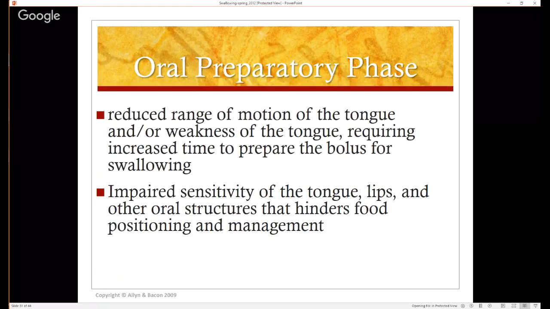In the oral preparatory phase, reduced range of motion of the tongue and or weakness of the tongue, requiring increased time to prepare the bolus for swallowing, and impaired sensitivity of the tongue, lips, and other oral structures that hinders food positioning and management.